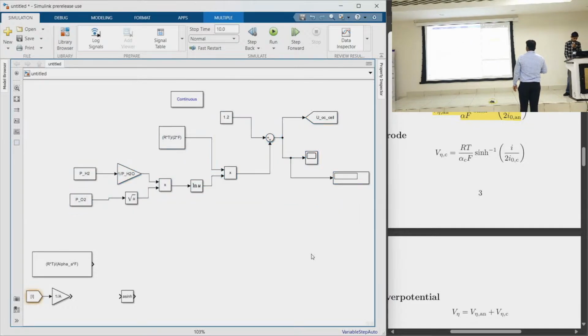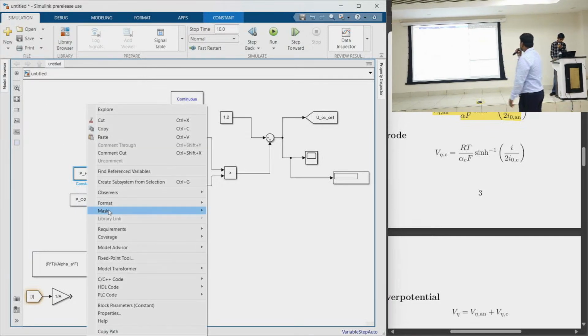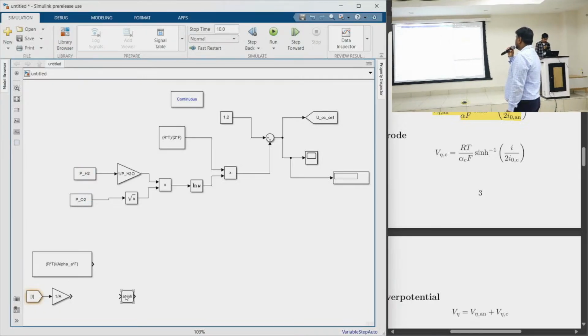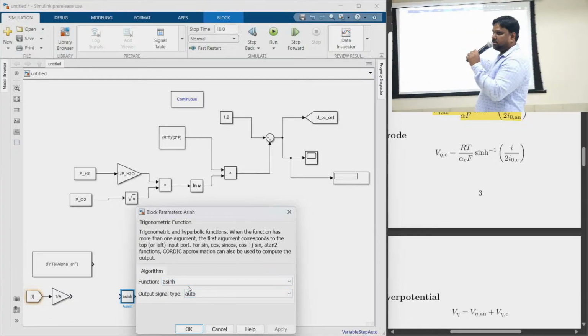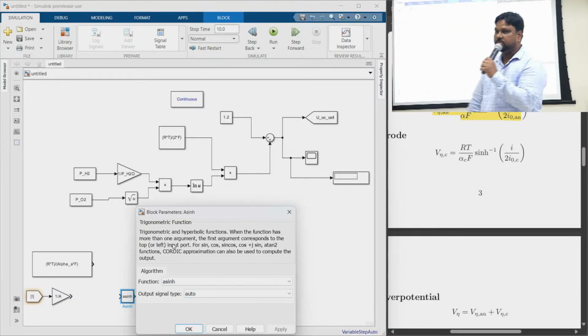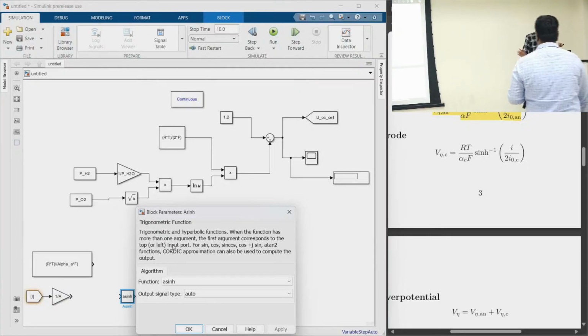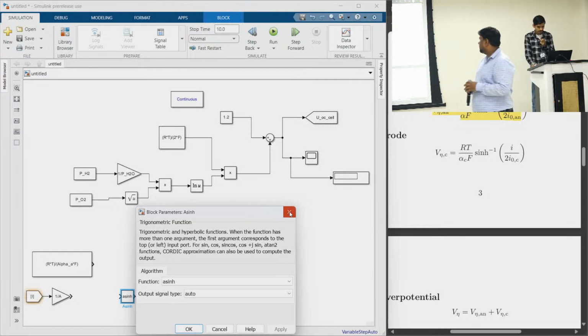Don't put a subsystem, just a color. A sinh: can you open that sine hyperbolic function? This is basically the inverse of sine hyperbolic, so you have to type trigonometric function. In that you have to select the asinh function.